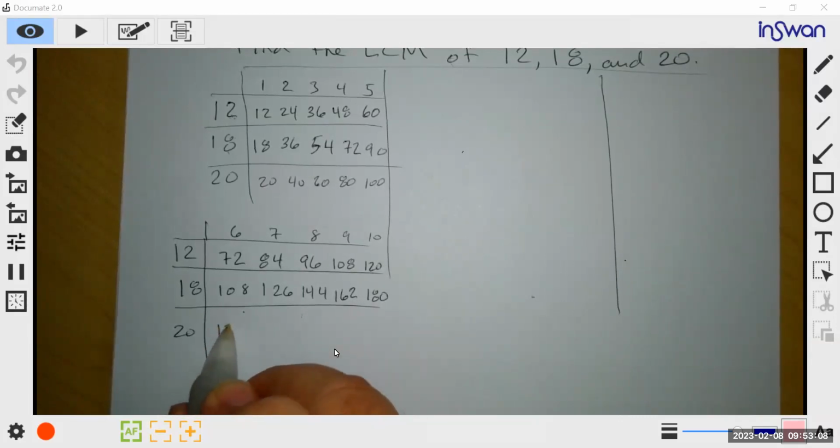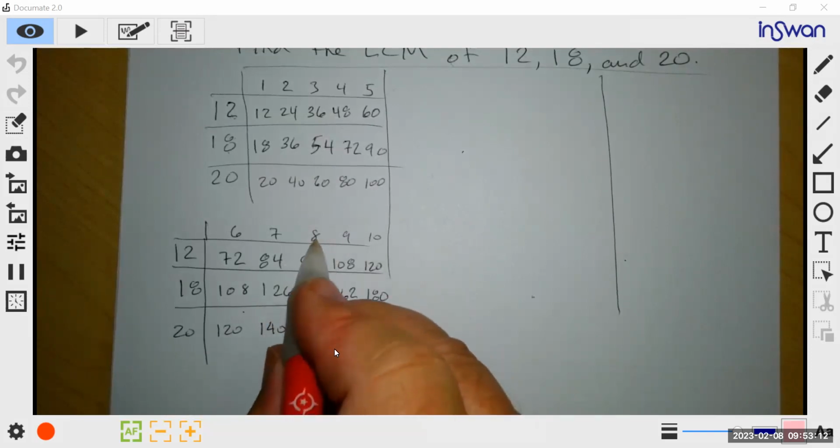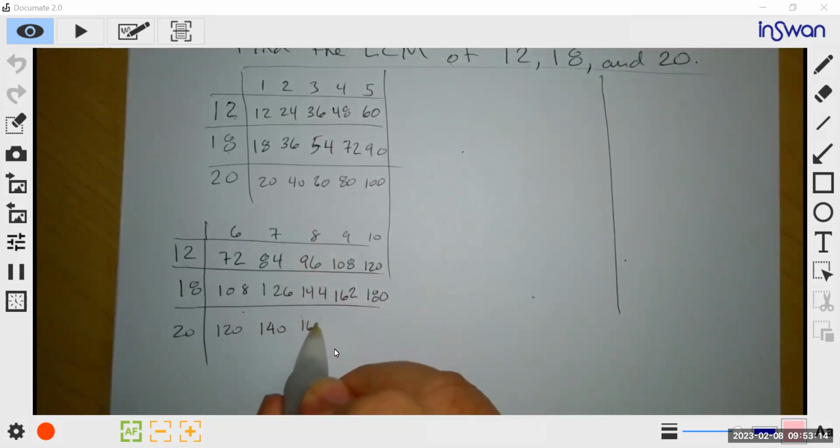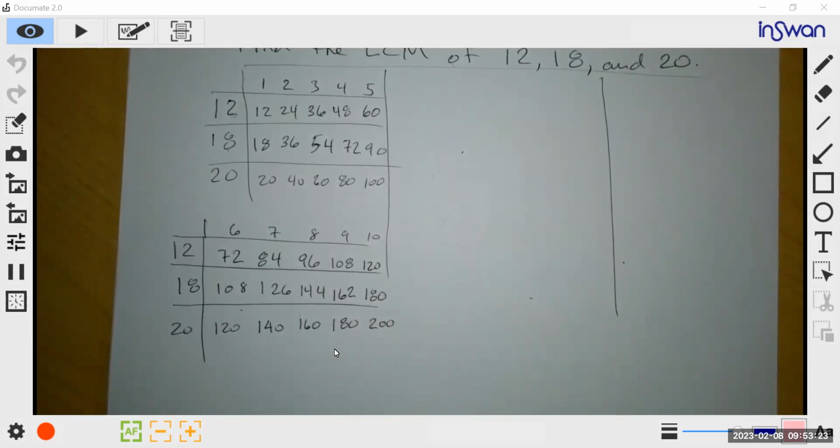Twenty times 6 is 120. 20 times 7 is 140. 20 times 8 is 160. 20 times 9 is 180. 20 times 10 is 200. Do we have one yet?